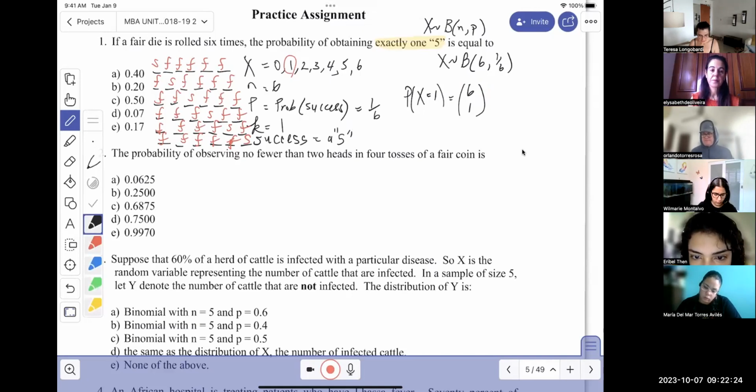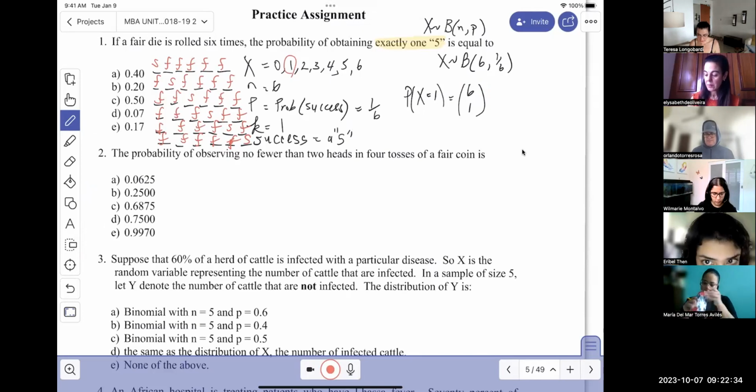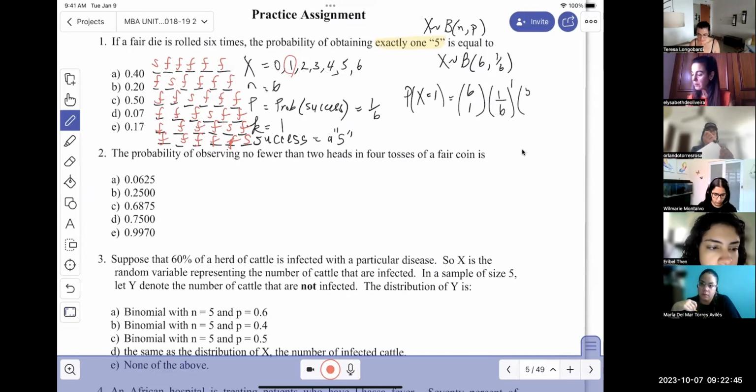That's what that means. And then I have to multiply because it's independent. I'm going to use the rule of independent events. I can just multiply the probability of a success, which we said is 1/6, and I want to see one of those. And the probability of failure is 5/6.